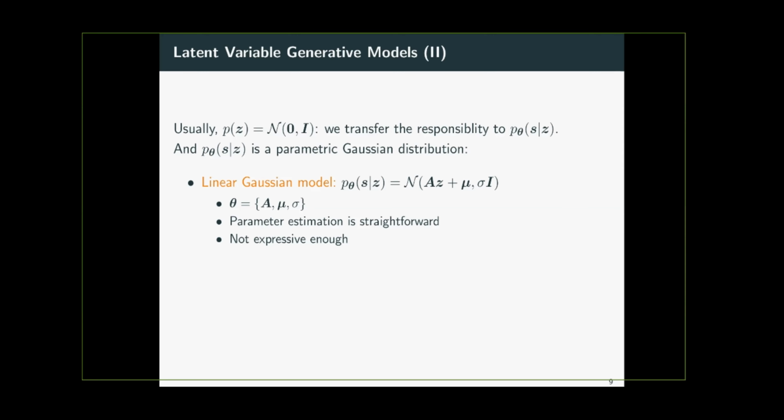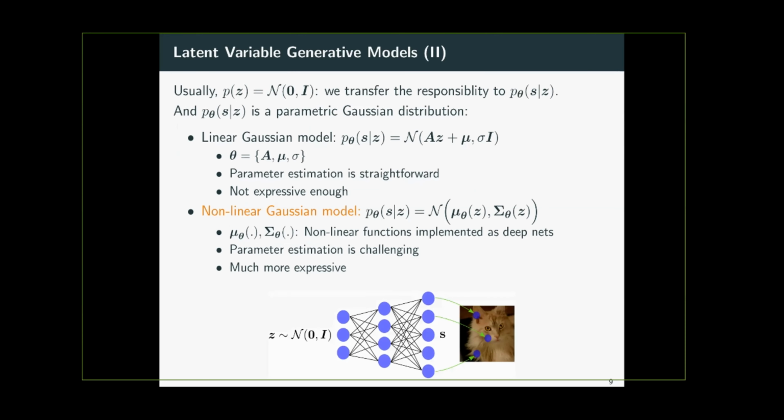The problem is that this is a very simple model, and it is not expressive enough for many tasks. So we look for more complex models, which are going to be a non-linear dependency on Z. This means that the posterior distribution depends in a nonlinear form on Z, and these nonlinear functions are usually implemented as deep networks.